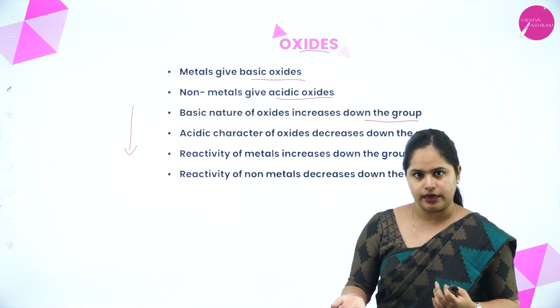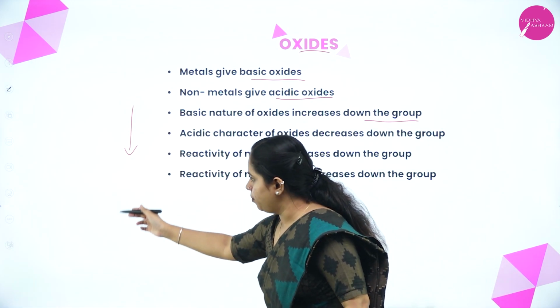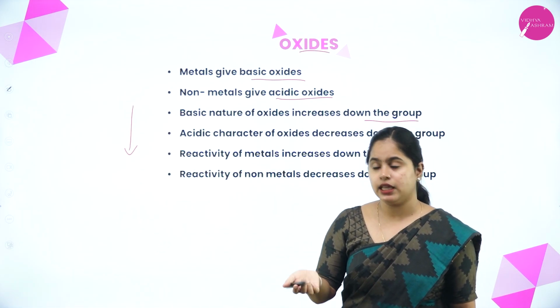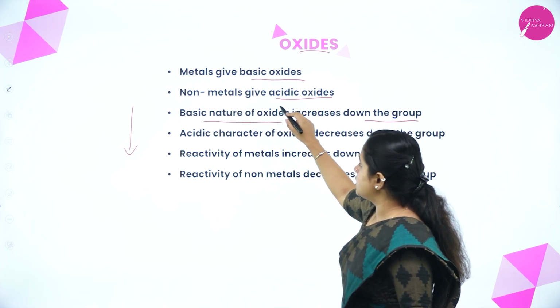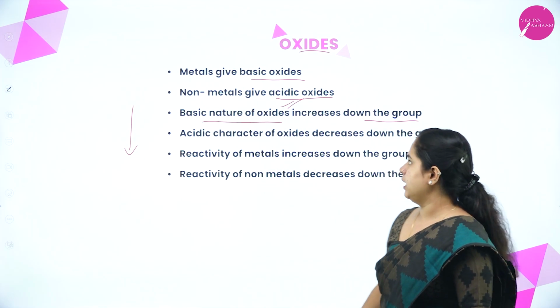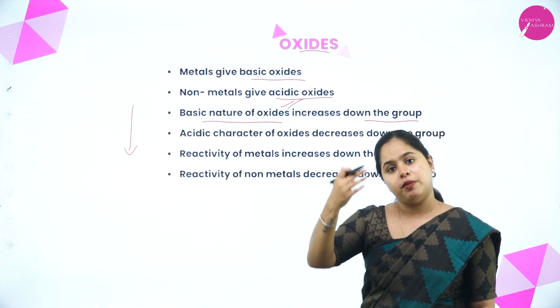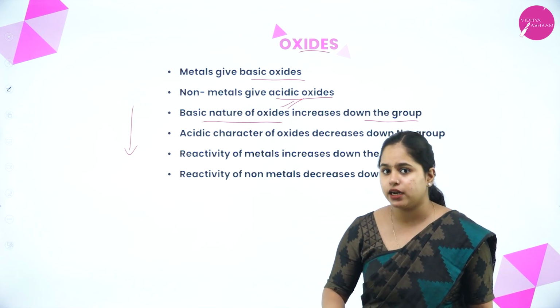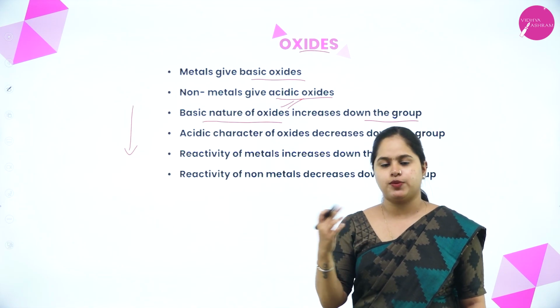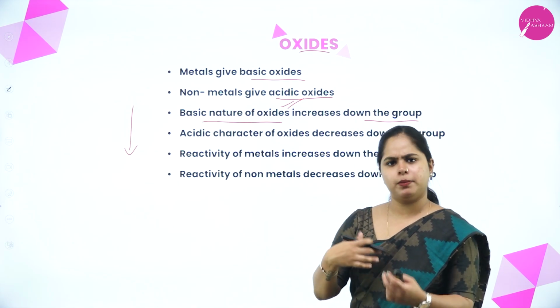Hence the metallic character increases. If the metallic character is increasing down the group, that means the basic nature of oxides will also increase. If basic nature of oxides is increasing down the group, it means along the period it will be decreasing. It will be just the opposite.